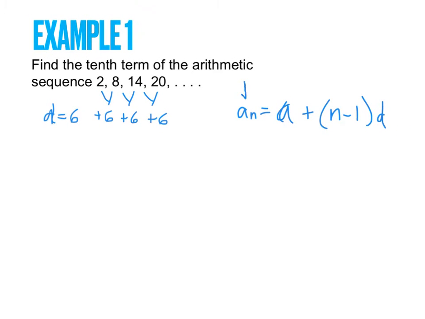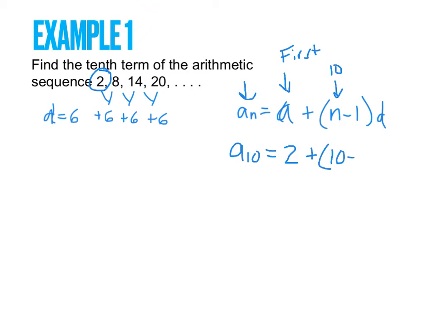A of n is going to be the 10th term that we're looking for. So we're looking for A of 10, our 10th term. Our A, this one, is the first term. So our first term in our sequence here is 2. So we're going to plug 2 in for A. Then we do plus n minus 1 times D. We're looking for the 10th term, so n is going to be 10.